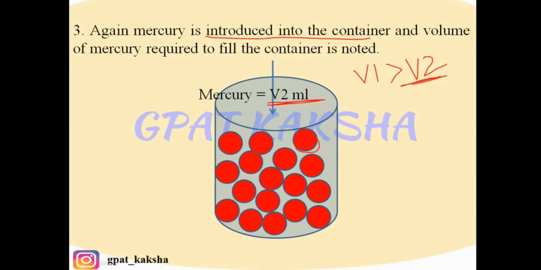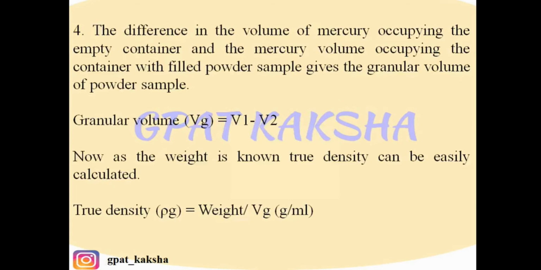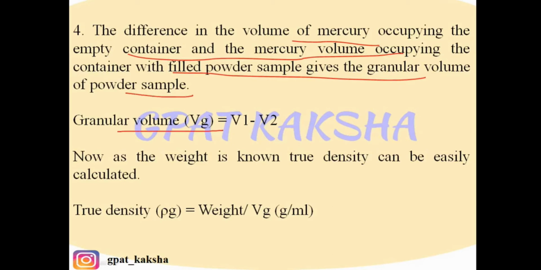The difference between the two mercury volumes gives the granular volume of the powder sample. So granular volume Vg is the volume of mercury required to fill the empty container minus the volume of mercury required to fill the container along with the powder sample.